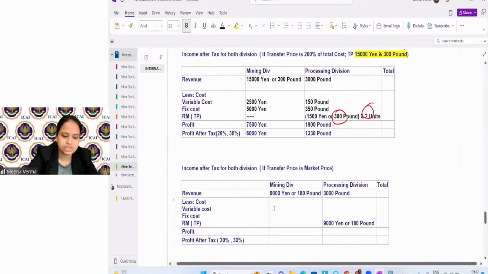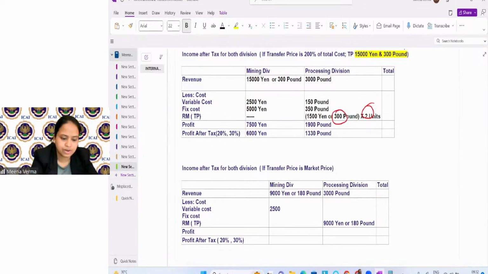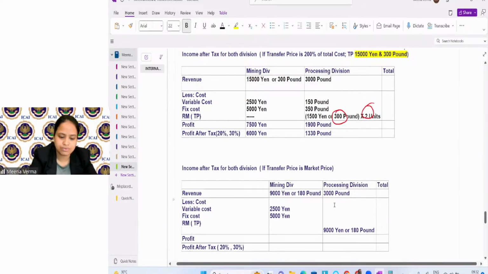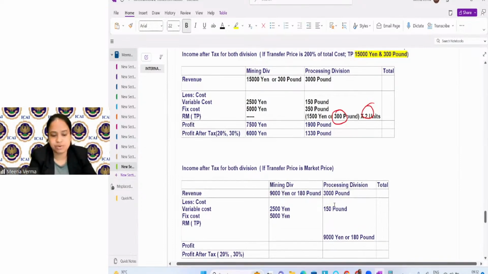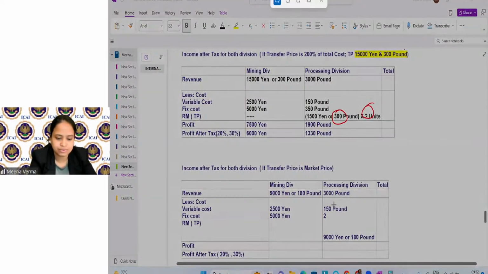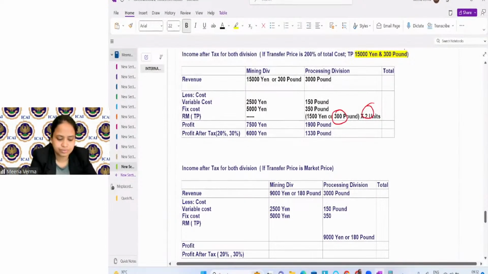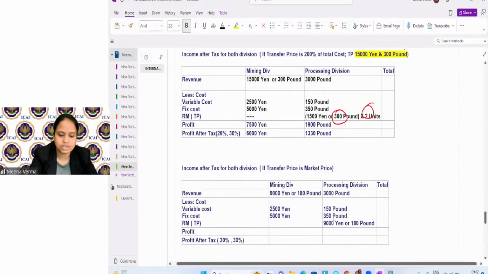What is the variable cost here? 2,500 yen is the variable cost and 5,000 yen is the fixed cost, right? And here 150 pound is the variable cost and 350 pound is the fixed cost. Okay. So these are the costs.